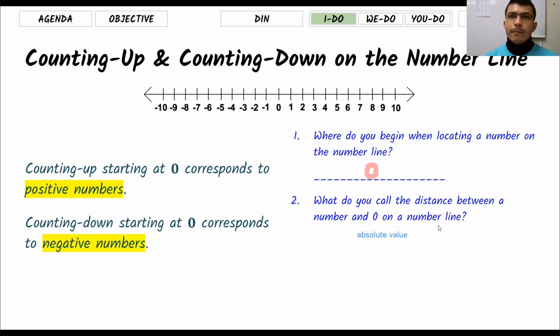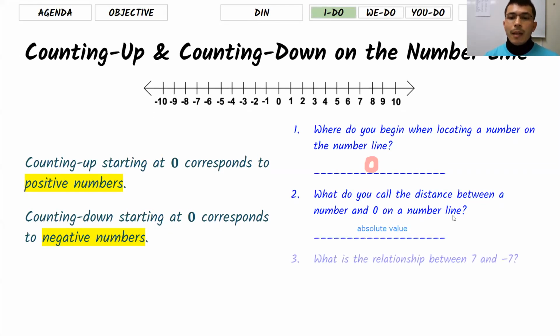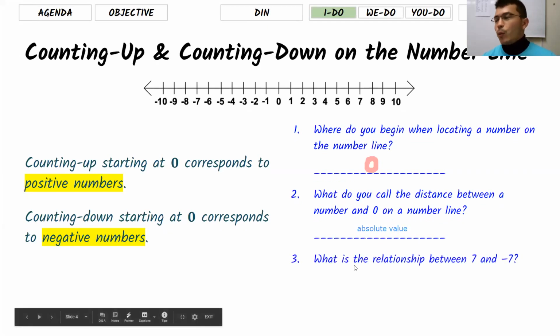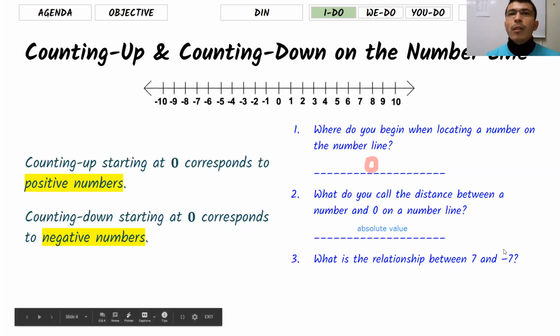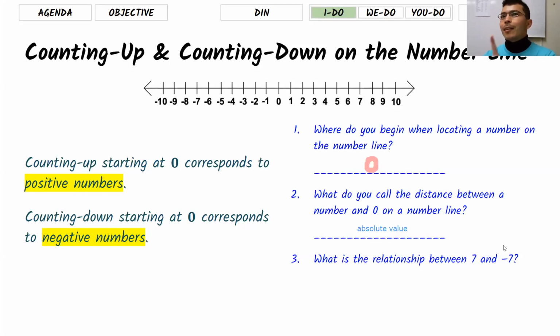And last thing, what is the relationship between 7 and negative 7? When you add them up, it's going to be 0. Or the other relationship is both numbers are how many units far away from what number? 7 units far away from 0.